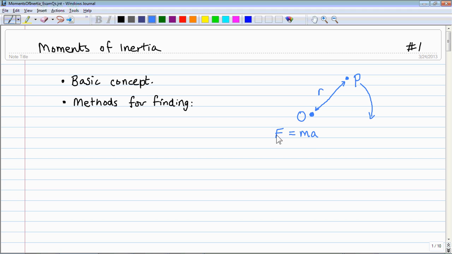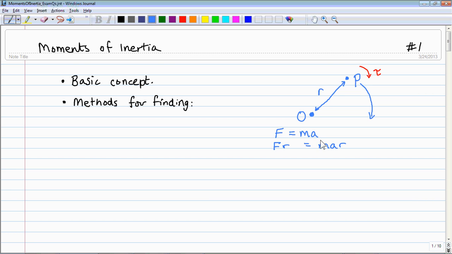And we also know that if we're talking about torque instead of force, then torque is Fr, or F times the distance, isn't it? So if I multiply both sides of the equation by R, I've got this. It's not that F equals ma is not true for a particle P doing this.